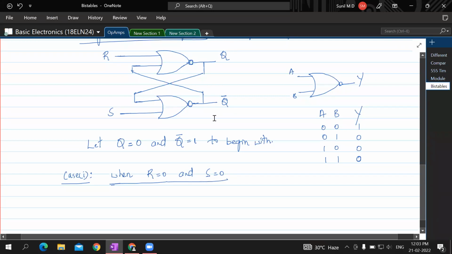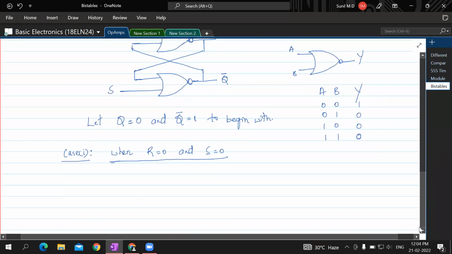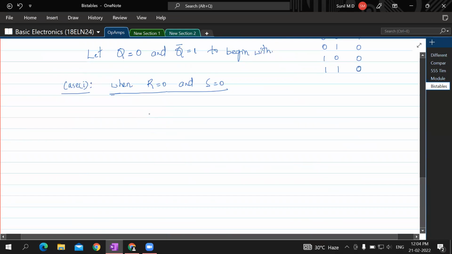We have to have some output because for R equal to 0 and S equal to 0, the outputs will not change, is what it is saying. So first we are checking with Q as 0 and Q bar as 1. We have the circuit diagram like this.